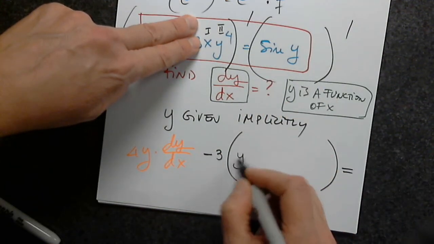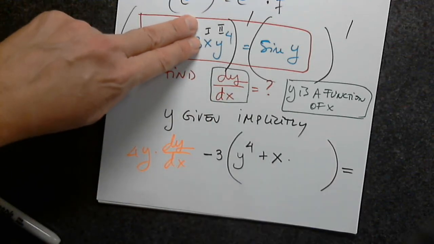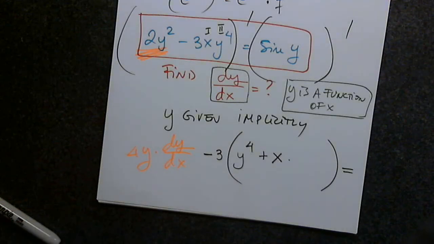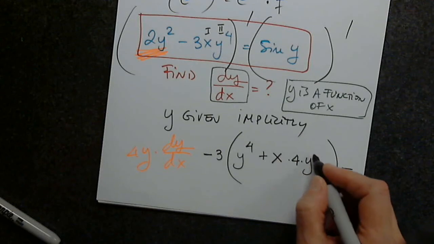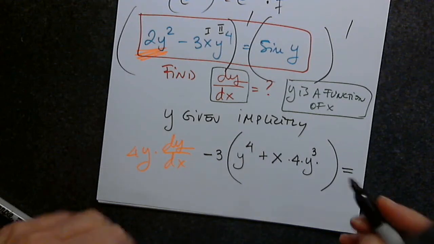That's just 1, y to the 4th, plus I copy x because it's the first function, but now I need to differentiate a function to the 4th power. Yes, I have to bring down 4. I subtract 1 from the power, but that's not sufficient because y is a function of x that I don't have. So times dy over dx, indeed.